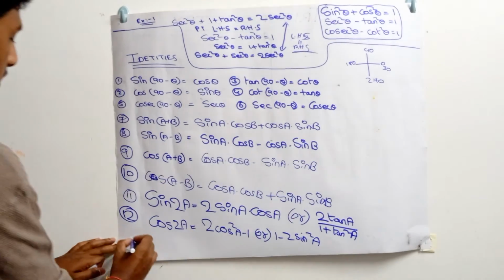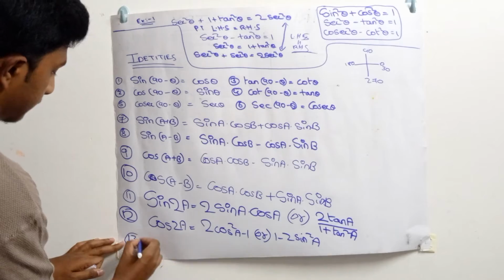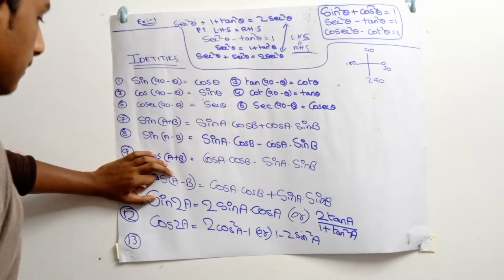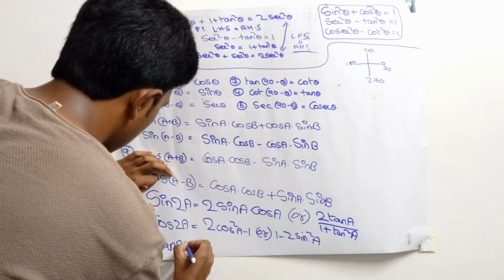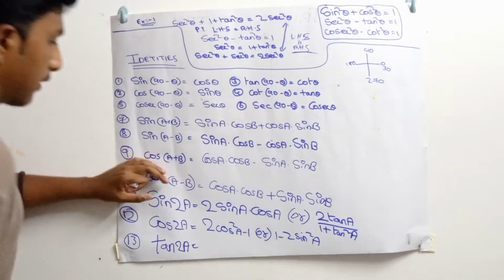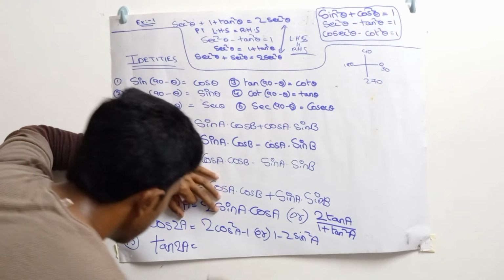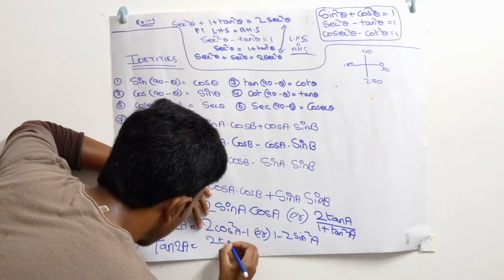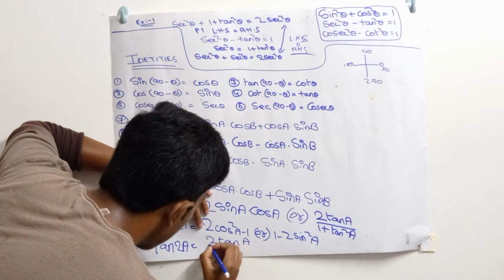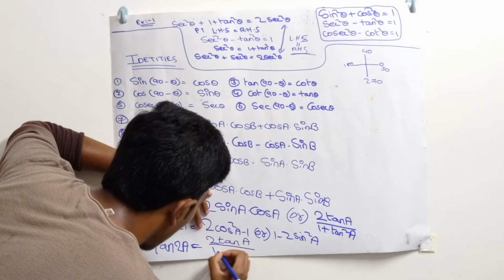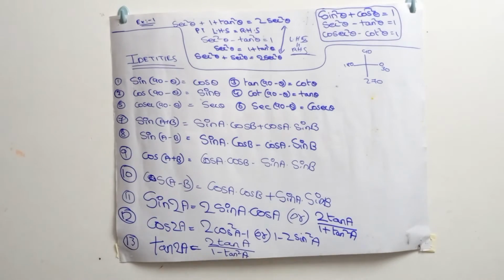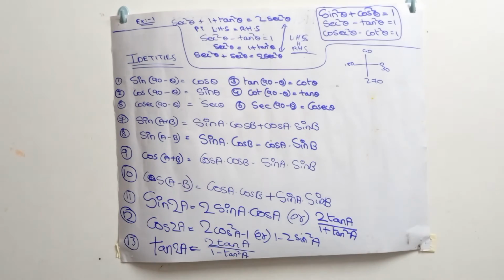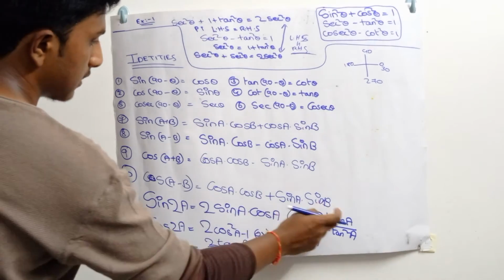Now the 13th formula is tan 2A. Tan 2A is equal to 2 tan A by 1 minus tan square A. Don't confuse this formula with that formula.